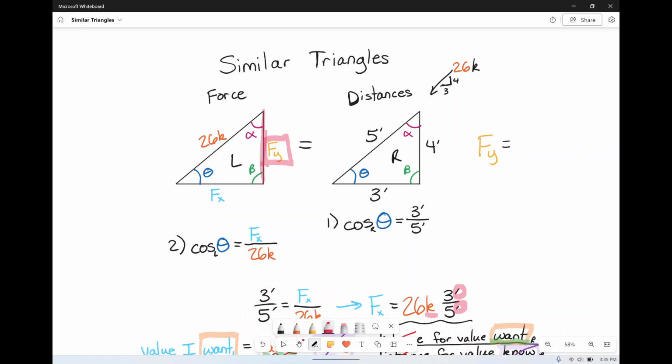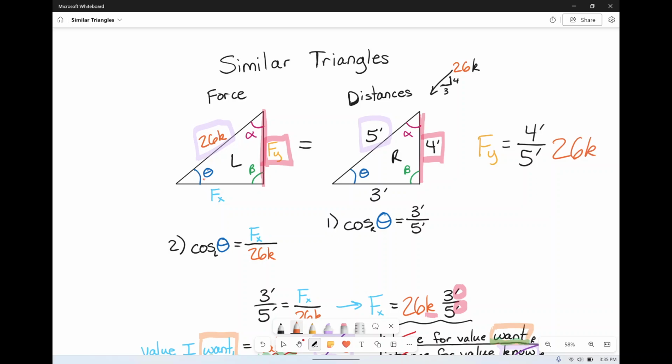He is vertical, so vertical is on this side, 4. So I'm going to do 4 feet. What do I know? Well, technically I know Fx, but let's not do Fx. What I know is 26 kips. That compares to this guy. So 4 feet over 5 feet times 26 kips.